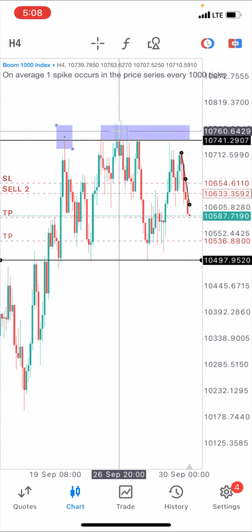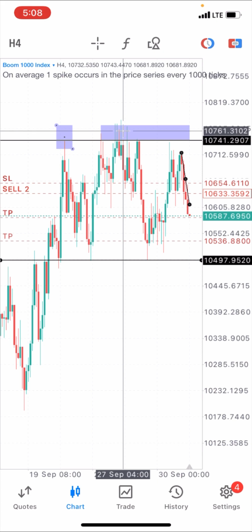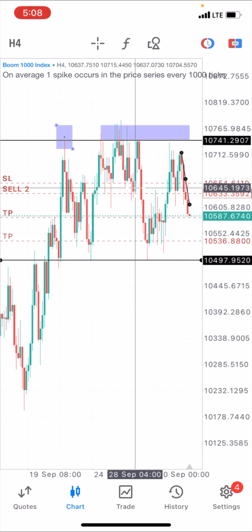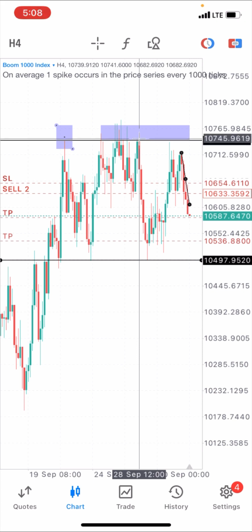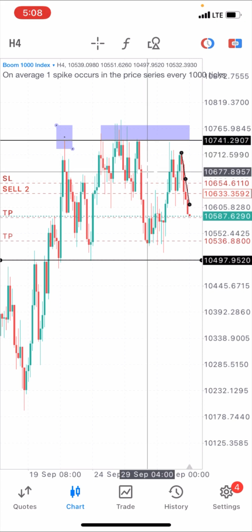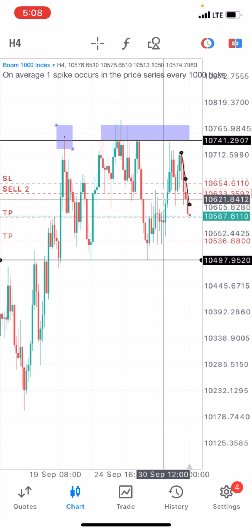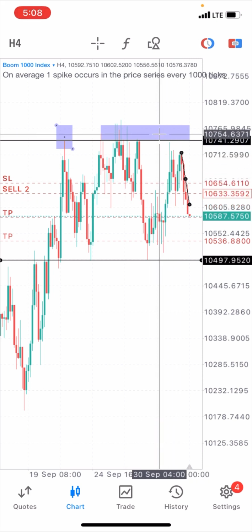All right, broke free a little, but then the pressure wasn't too much, so it dropped again just around that level. All right, so it kept doing the same thing. Whenever it gets to that level, it just keeps dropping. All right, so this tells you that this level is a strong level, so that is where you want to mark as your key support level, your key resistance level, all right.